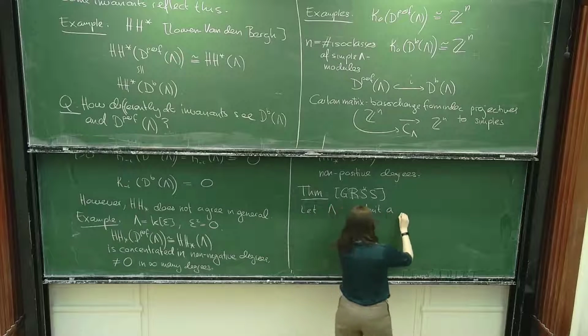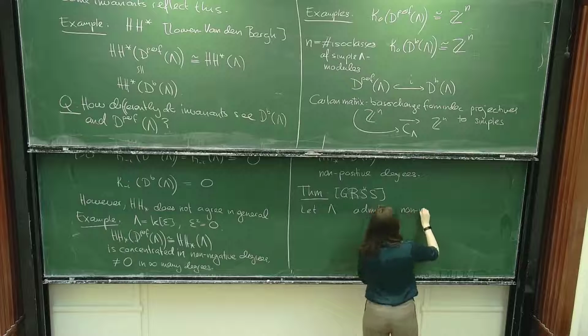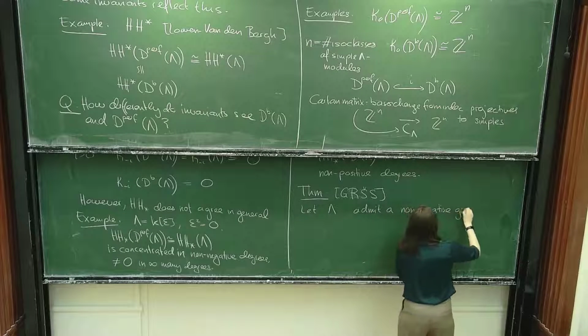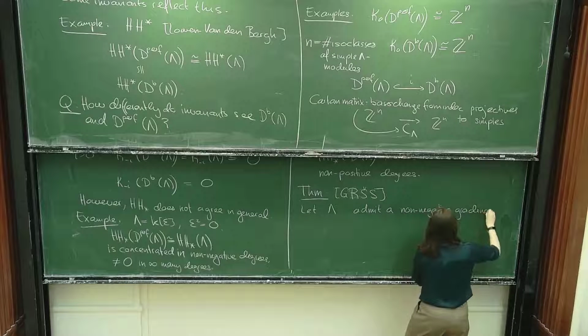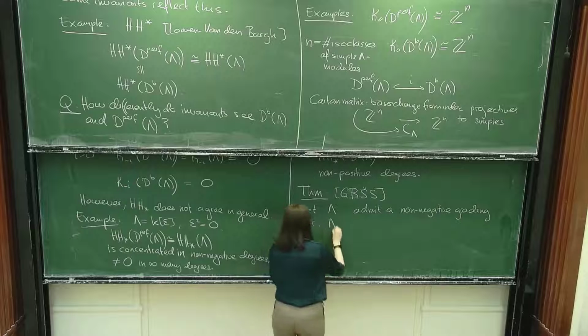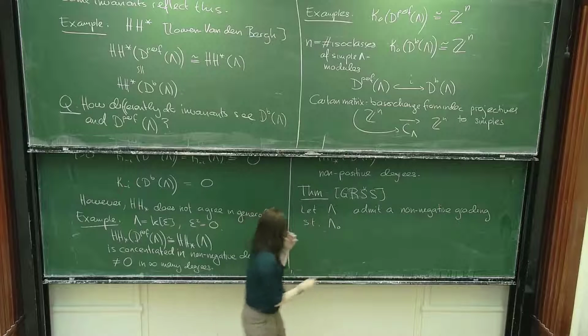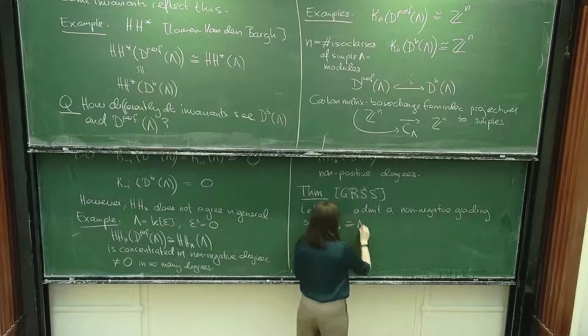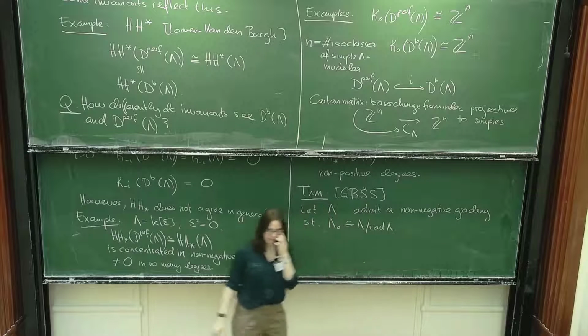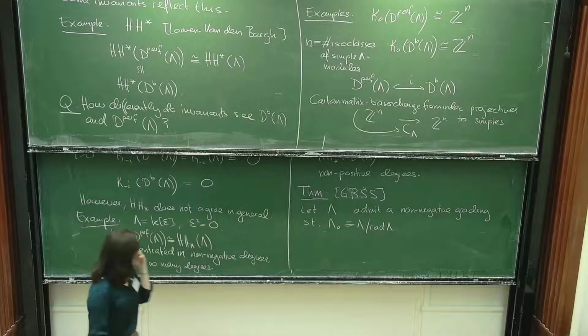So what we want is a non-negative Z grading, such that lambda 0 is semi-simple. So that's our hypothesis.